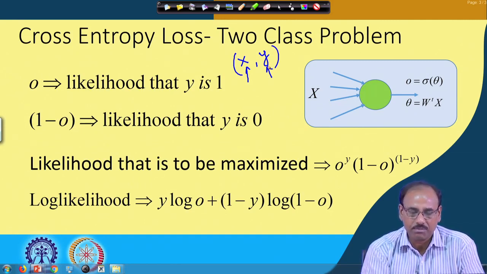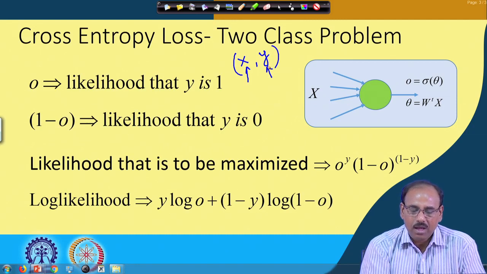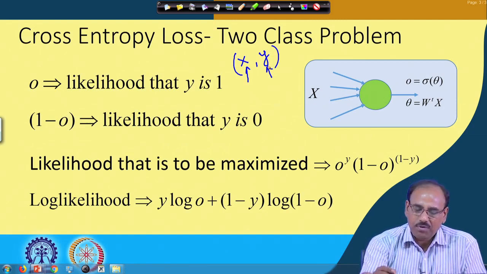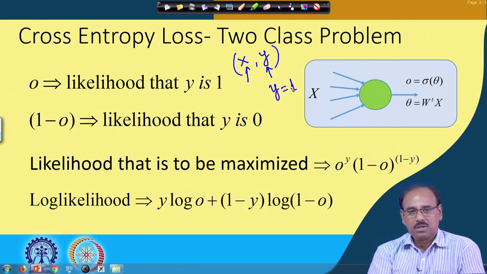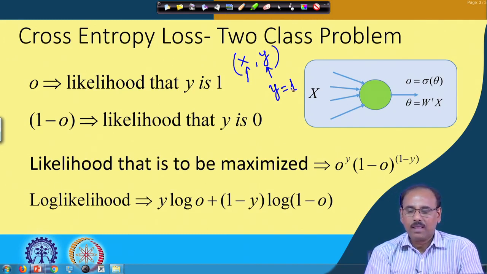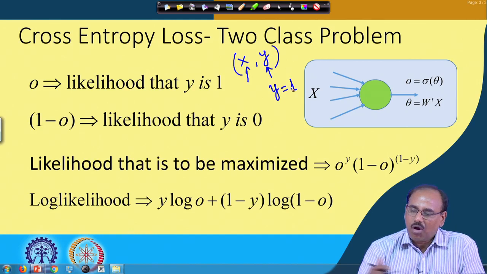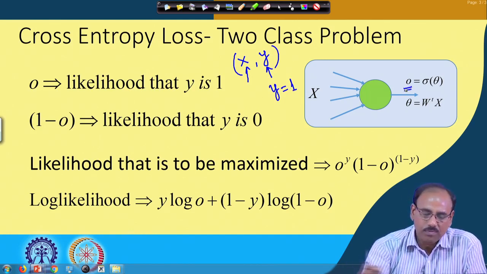This is given for training purpose. So, if y is equal to 1, that means I get a training vector from class 1 for which the output should be equal to 1, whereas the output of your neural network is O.